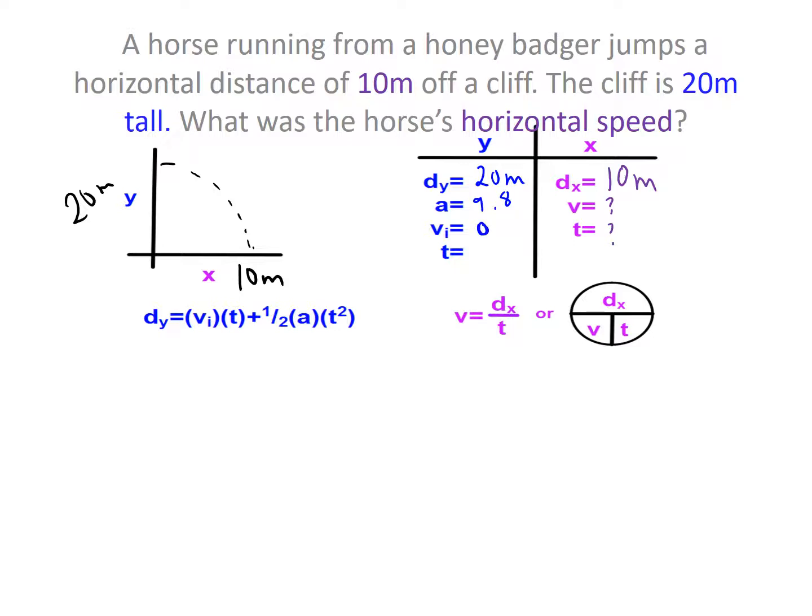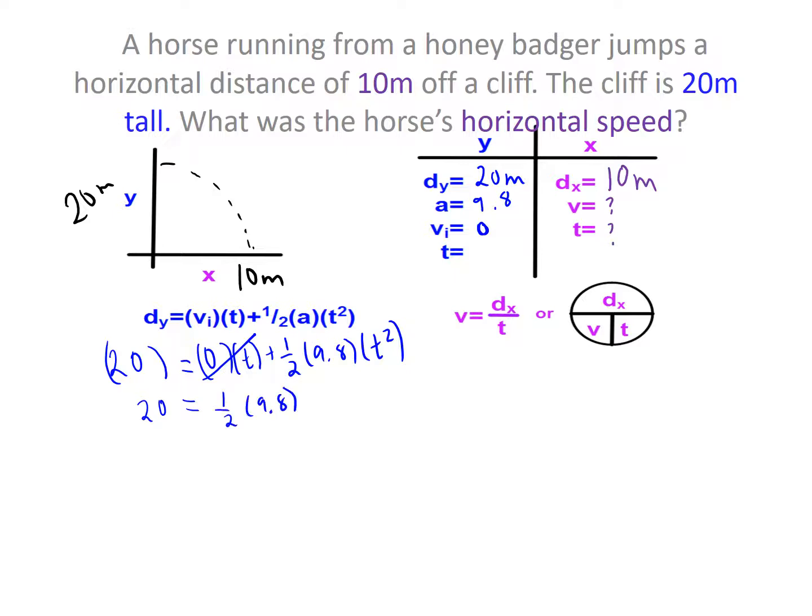Now let's find t. So dy is 20. And my initial velocity is 0 times time, we don't know time, plus 1/2 a, which is 9.8, and t squared. We don't know t yet. So I'm going to simplify this. So 20 is equal to, we can cross this out because anything times 0 is 0, 1/2 9.8 t squared.